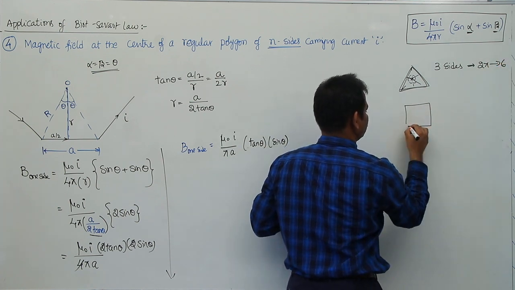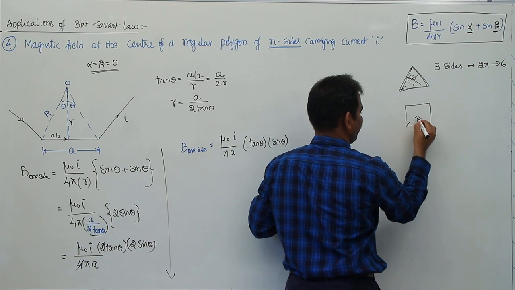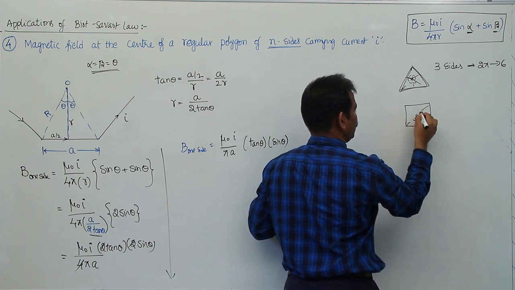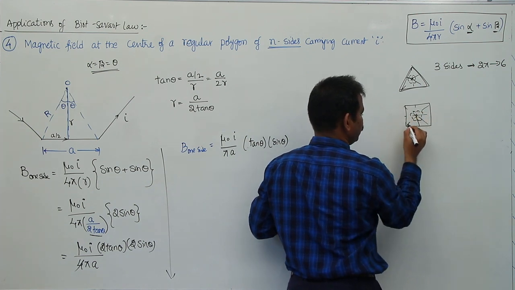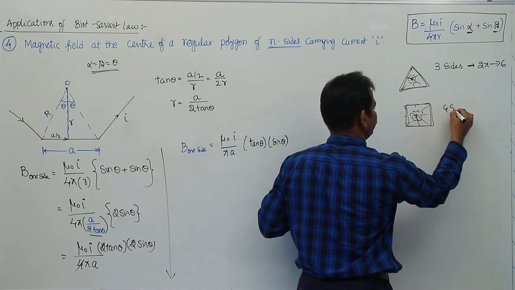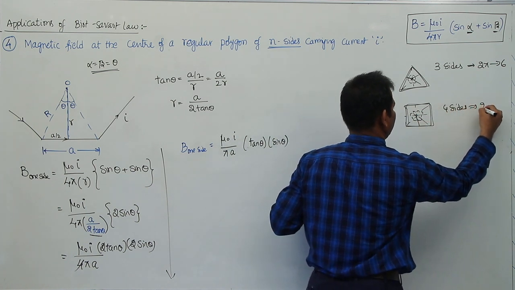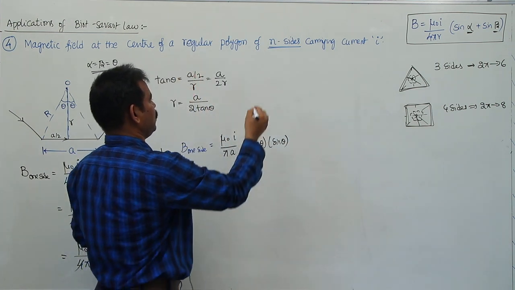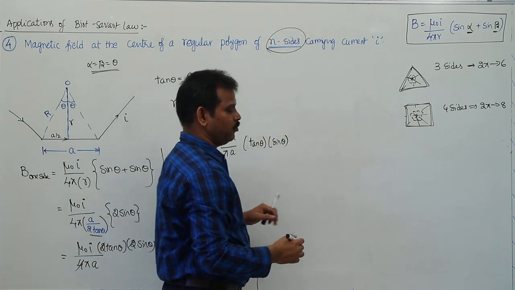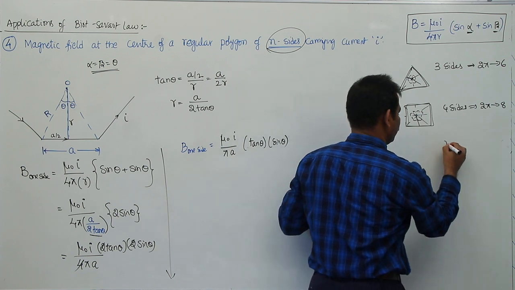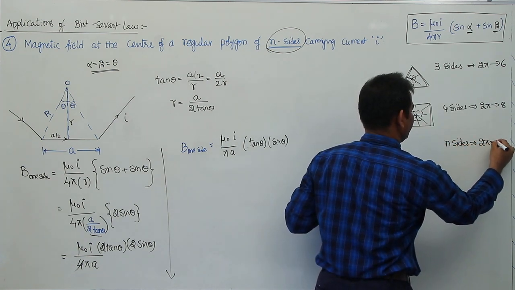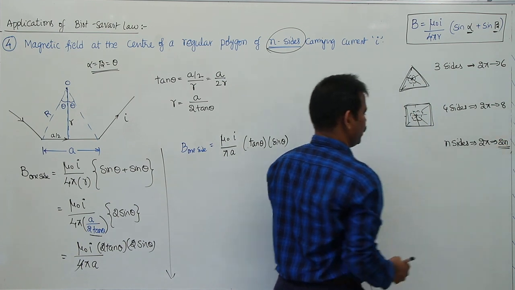Similarly, if you take the square, I am dividing this into alpha beta, alpha beta, alpha beta, alpha beta. So for 4 sides I am dividing 2 pi into 8 parts. As this regular polygon has n sides, I am going to take an n-sided polygon. For n sides, 2 pi angle will be divided into 2n.